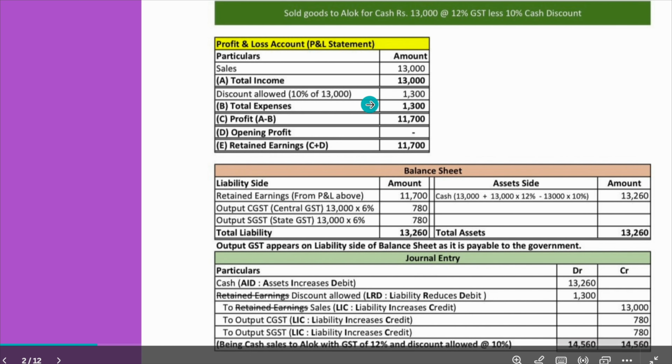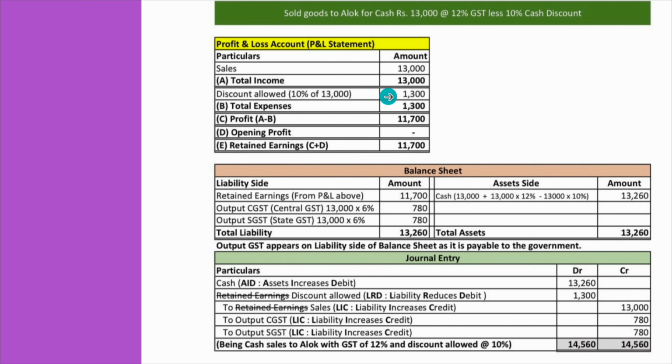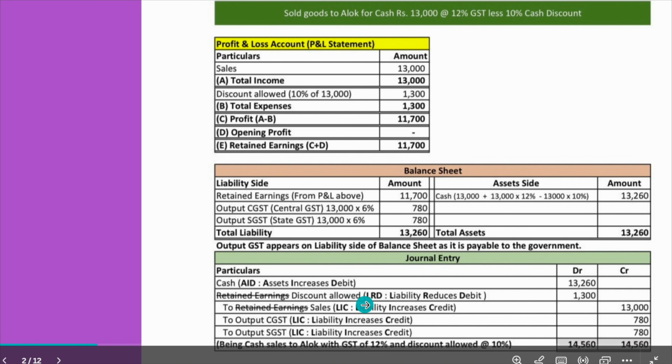You can see here, due to this expense of 1,300, retained earning is reducing. So the rule is LRD, that is liability reduces debit 1,300. However, whenever retained earning is affected in any transaction, while passing the journal entry you do not directly write the word retained earning, but you write the transaction which is affecting this retained earning, that is discount allowed in this case.